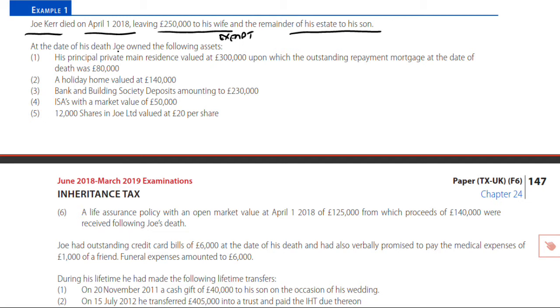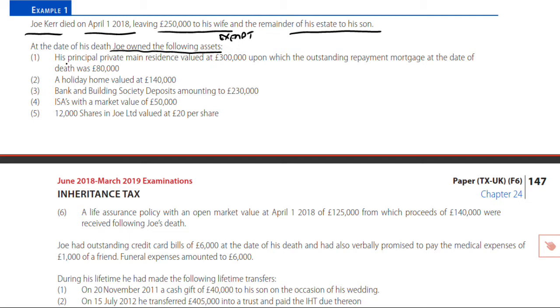At the date of death, Joe owned the following assets. Now, although this is the last bit of the exercise we'll be doing, the chargeable estate at death, still on our first run through, as we read the information, we can pick up incredibly useful stuff that's going to allow us to deal with each part of the problem, again, in turn, but properly at that point in time.